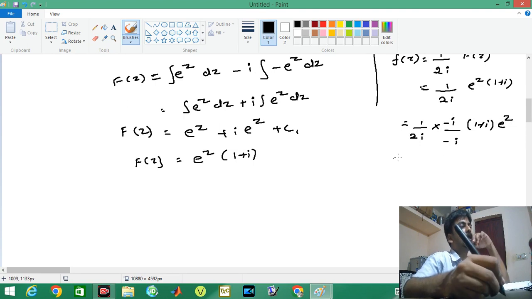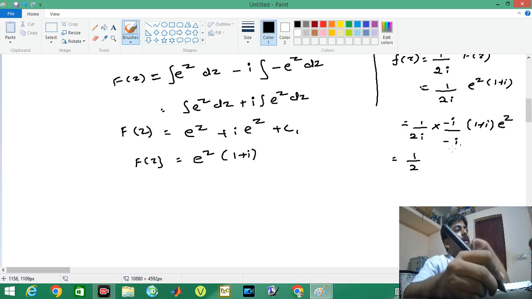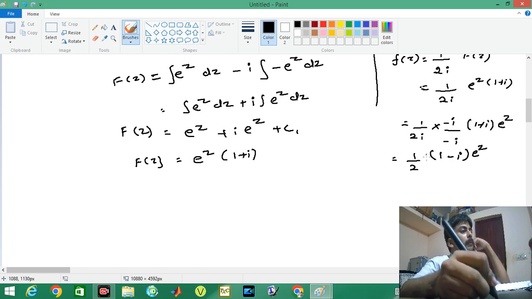So we will have 1 by 2 of minus i into 1 is minus i, minus i into minus i is minus i squared, which is plus 1. So 1 minus i into e power z, divided by i into minus i which is plus 1, so into 1. This is our small f of z.